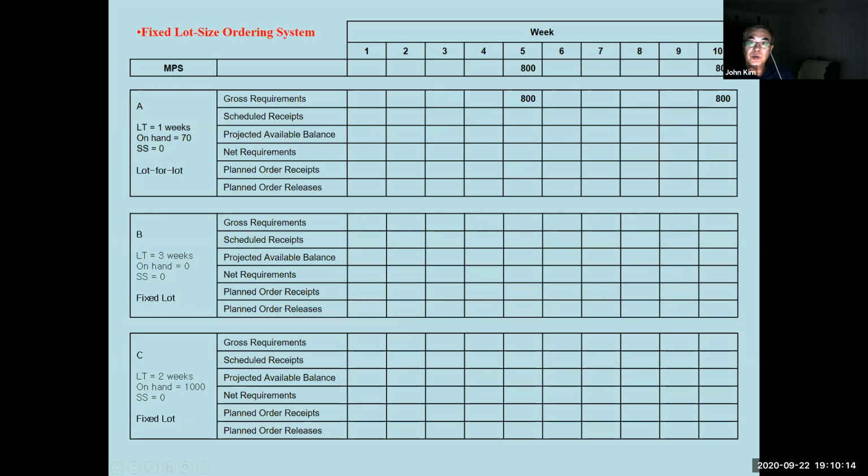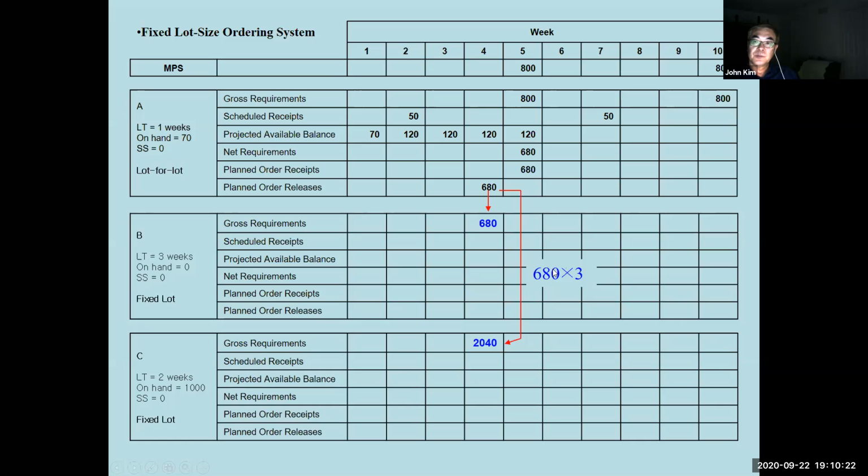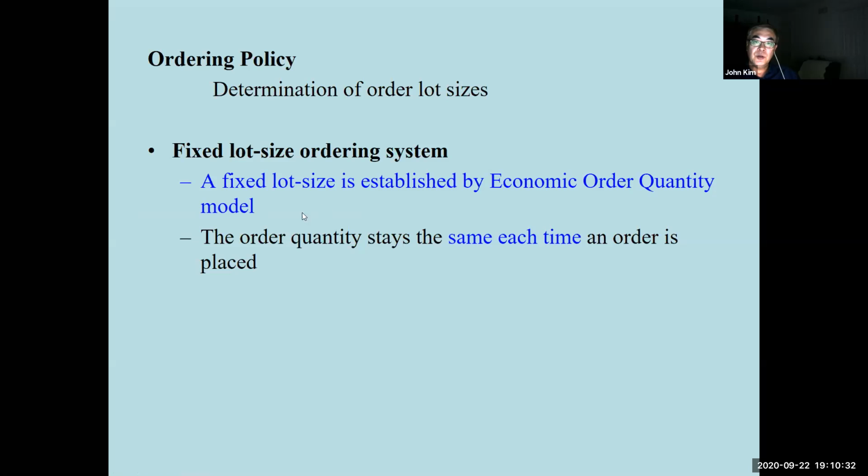And then if we use fixed lot size ordering system, then there is some difference. Up to this point, the same, because this one uses lot order size. And then if we use fixed lot order system, then order size is fixed by the EOQ model.